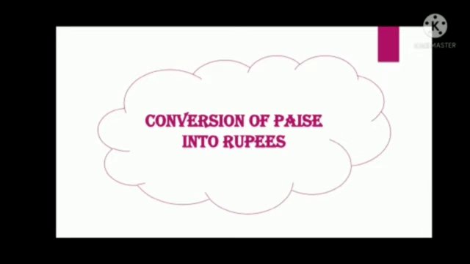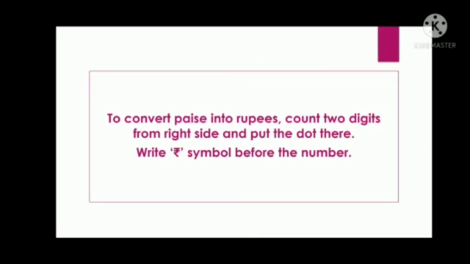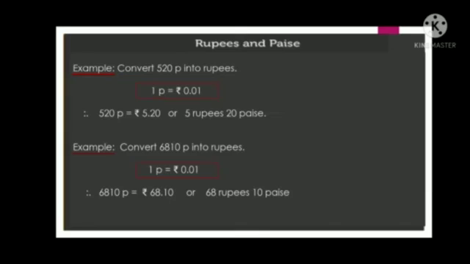Now let's see the conversion of paise into rupees. To convert paise into rupees, count 2 digits from right side and put the dot there. Then write rupee symbol before the number. Let's see with some examples. Example 1. Convert 520 paise into rupees.